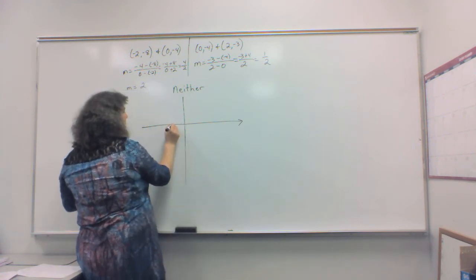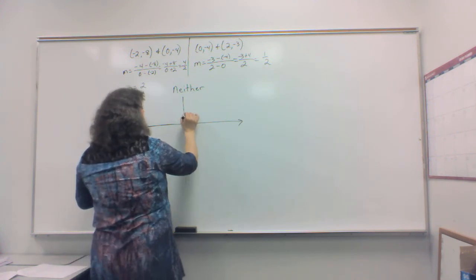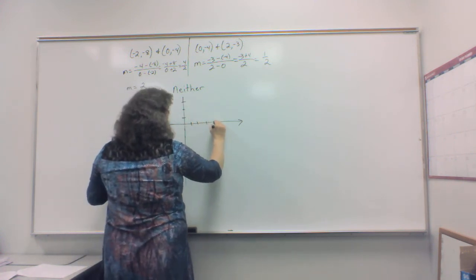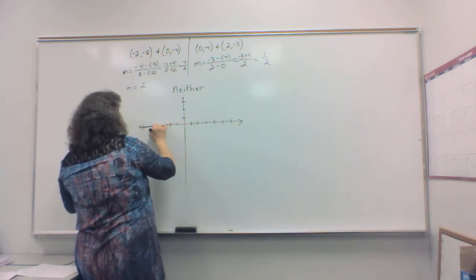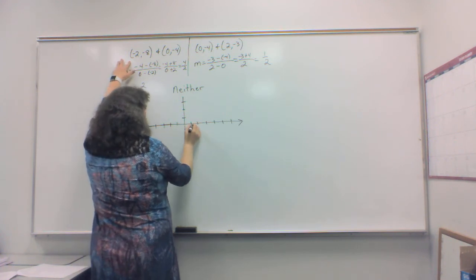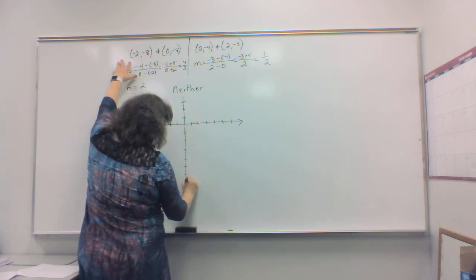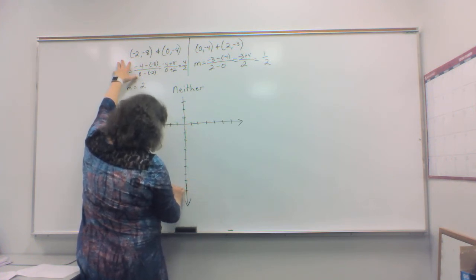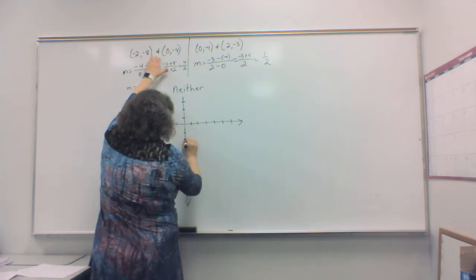Okay, let's see how accurate my drawing is this time. Last time it wasn't very good. Okay, negative 2, negative 8. 1, 2, 3, 4, 5, 6, 7, 8. There's one point and 0, negative 4.